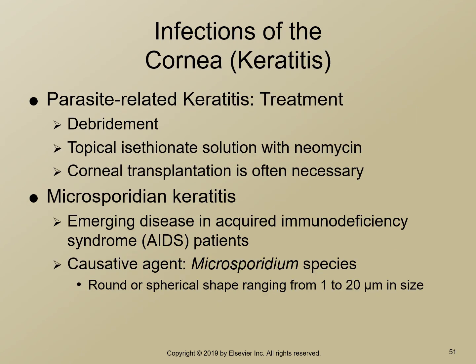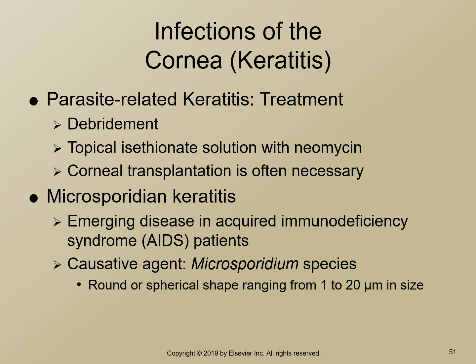Treatment of parasite-related keratitis includes protocols such as debridement, topical solutions, or corneal transplantation. Acanthamoeba keratitis is difficult and includes debridement in early disease. There are no amoebicidal agents that are currently approved, but patients can be treated with a combination of drugs such as topically applied solution supplemented with neomycin drops.